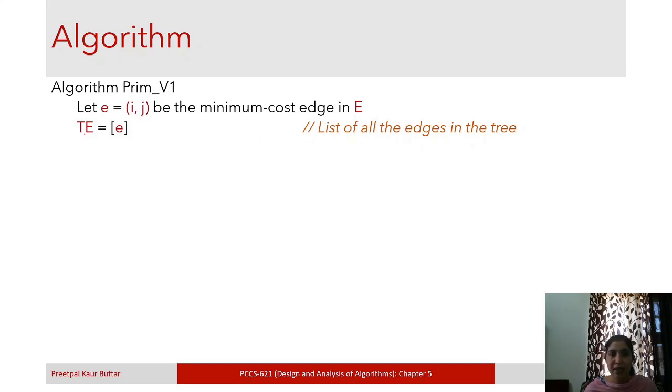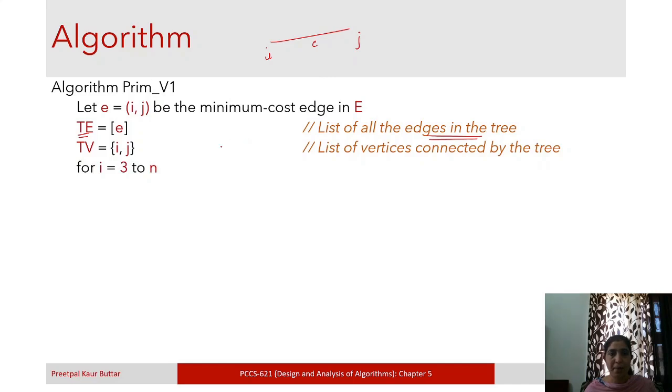So TE is the edges in the tree, the list of edges in the minimum spanning tree, and initially we will put E, right? And what are the vertices? If I add edge E into the minimum spanning tree, the vertices which will be added will be i and j, right? This is edge E and these are the vertices i and j. They will be added into the list of vertices in the tree.